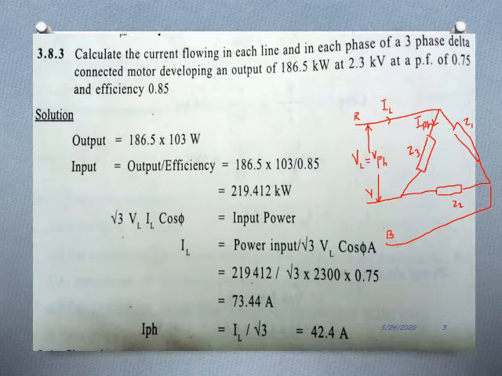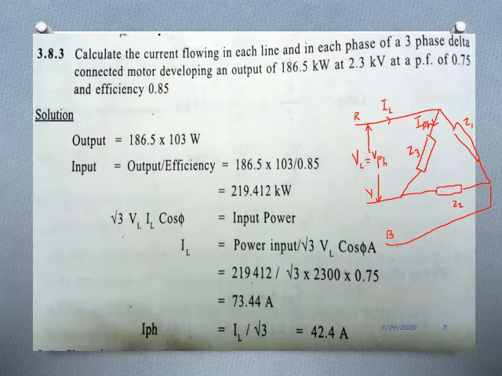IL will be equal to the input power divided by root 3 VL cos phi. Input power we have calculated. VL is given in the question as 2.3 kilovolt, so it is 2.3 into 10 raised to 3. And power factor is also given in the question as 0.75. So we get the line value of the current as 73.44 amperes.